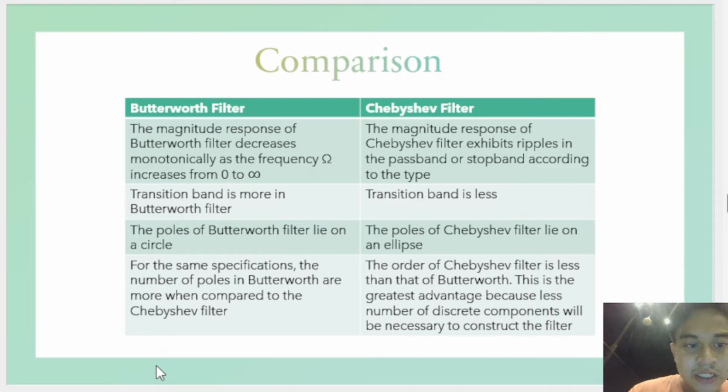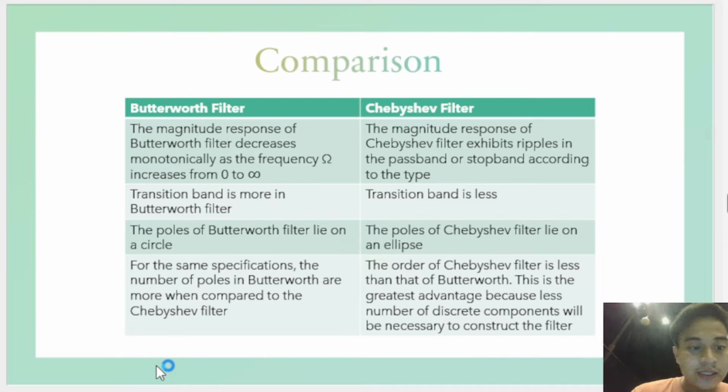So for the comparison between the Butterworth filter and the Chebyshev filter, the magnitude response of the Butterworth filter decreases monotonically as the frequency omega increases from 0 to infinity. And for the magnitude response, the Chebyshev filter exhibits ripples in the passband or stopband according to the type.